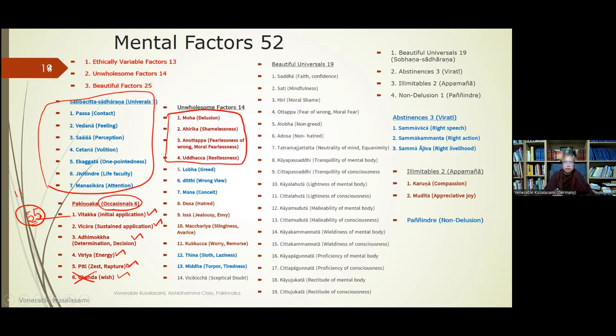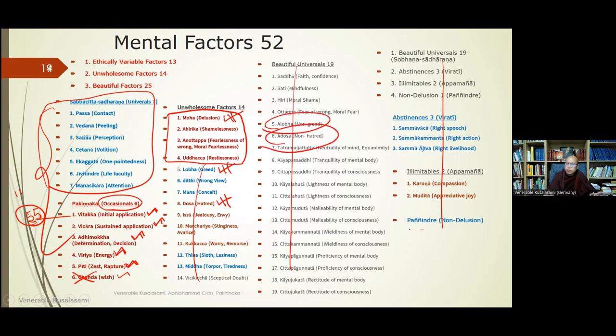And how about the Moha group? No. All these mental factors cannot join together with the 18 rootless consciousness. So altogether: 7 universals, Vitakka, Vicara, Adhimokkha, Viriya, and Piti only. So how many roots are among these mental factors? No. The Moha root is here, the Lobha root is here, the Dosa root is here, Alobha is here, Adosa is here, Amoha is here.